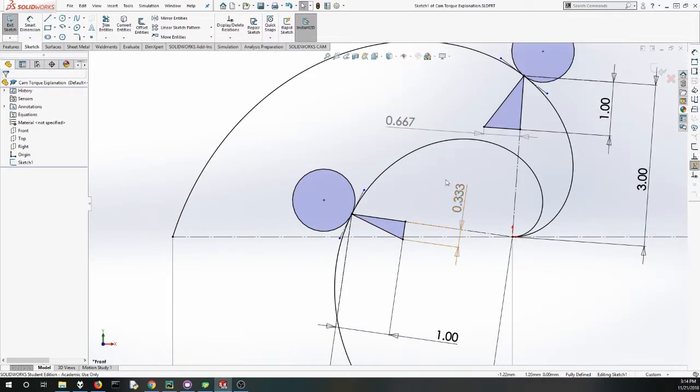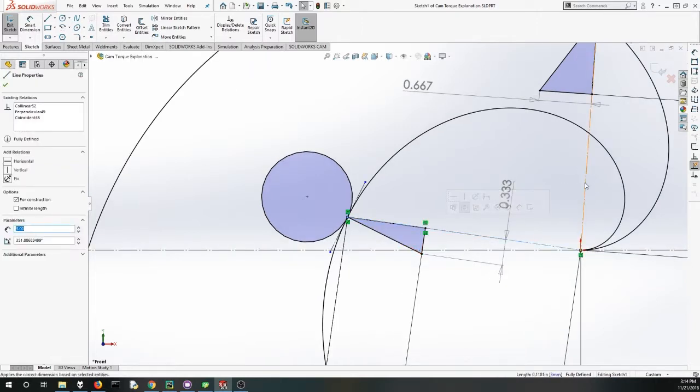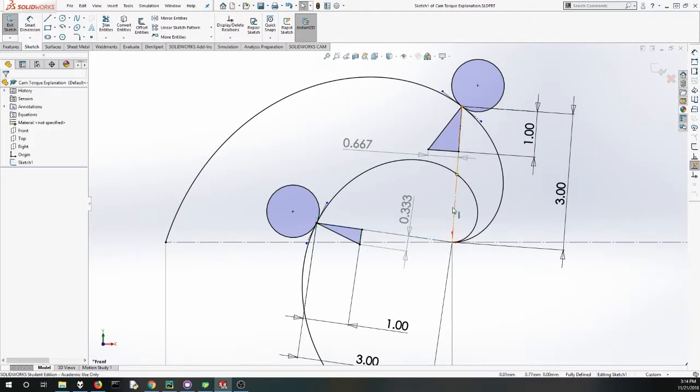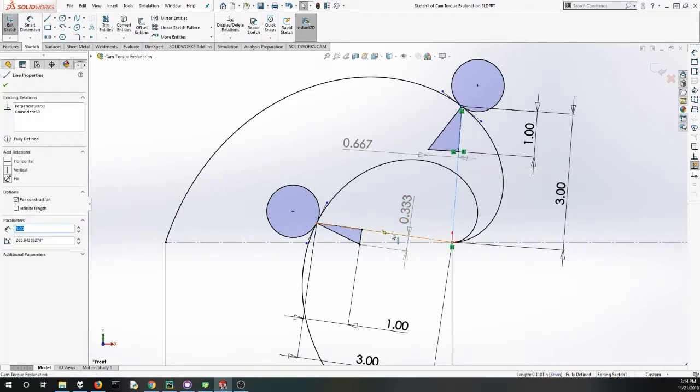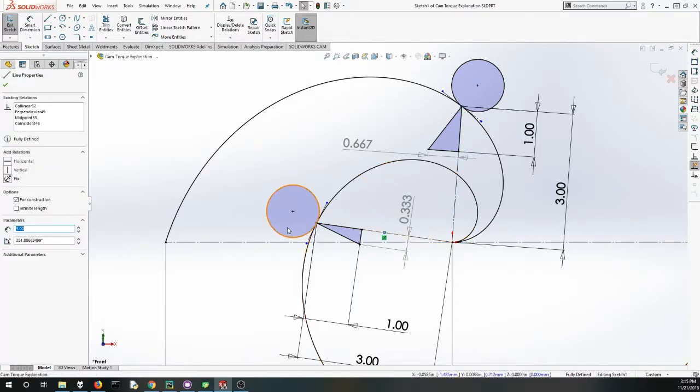So next I've defined radial lines from the center of the cam profile to the contact point. And these lines are going to be the direction of the motion of the cam at that point.